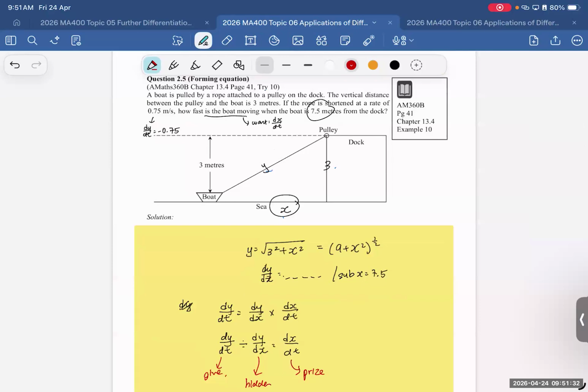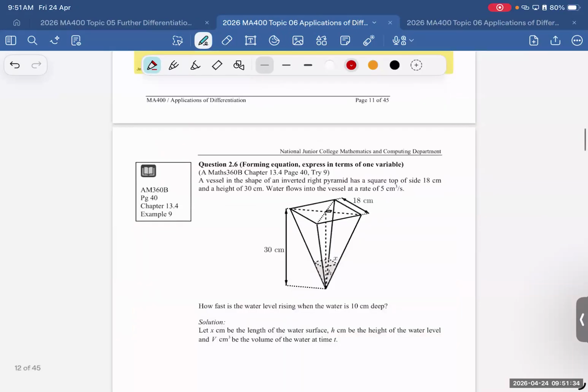Okay, view 2.6. The key player in 2.6 is the triangles.